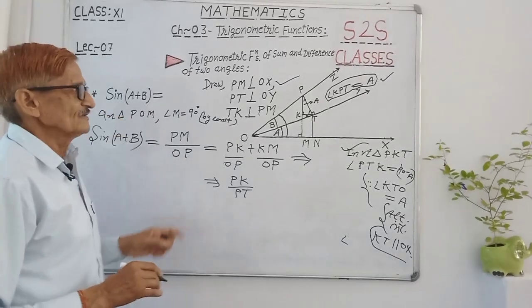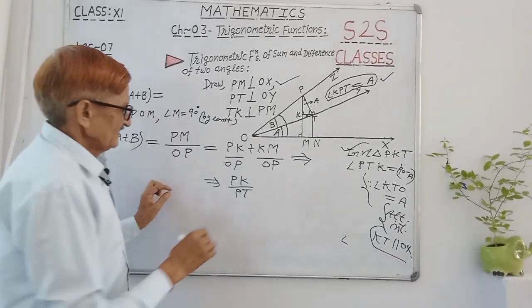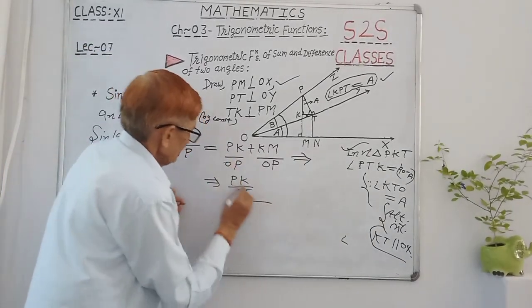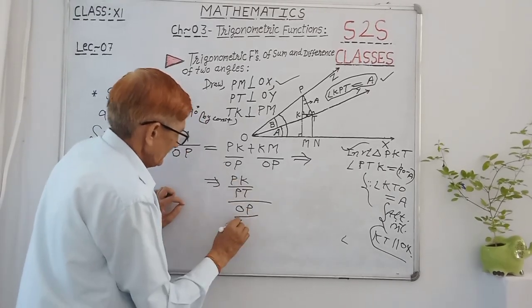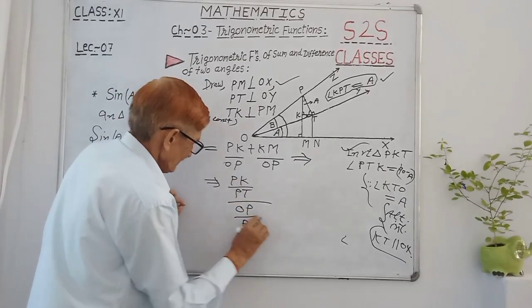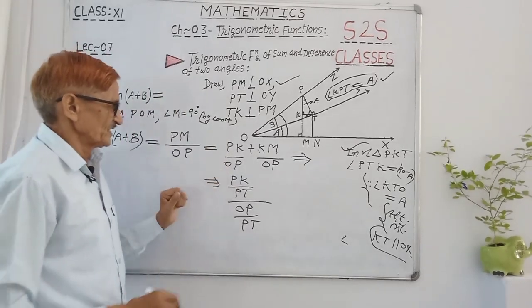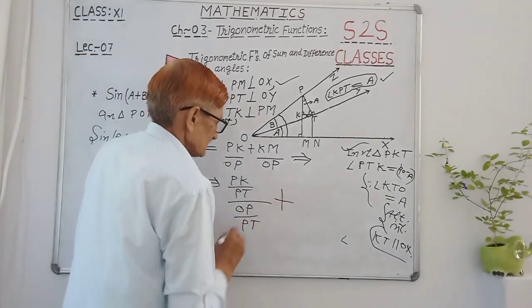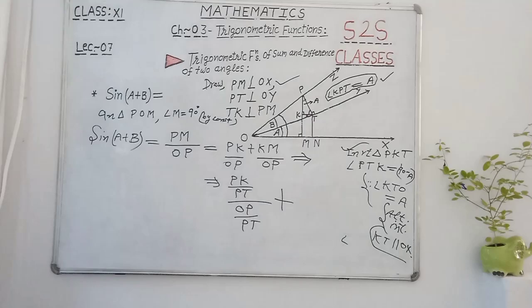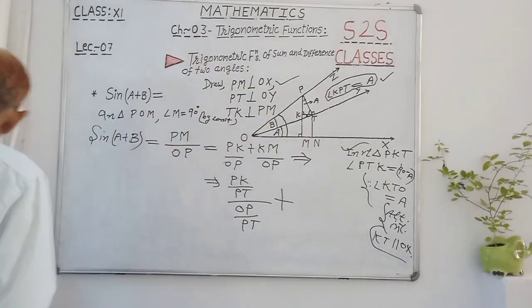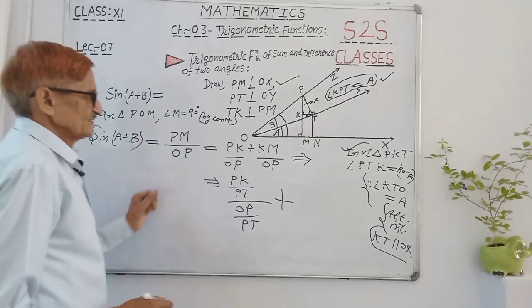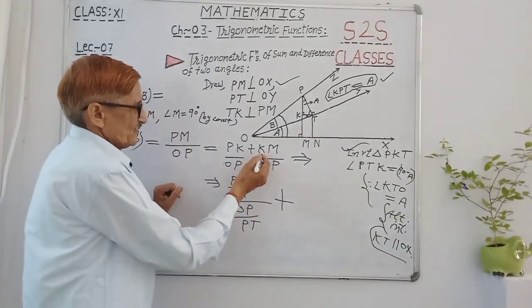Clear? And upon OP also divide by PT, that is, divide by PT in numerator and denominator both. Okay.